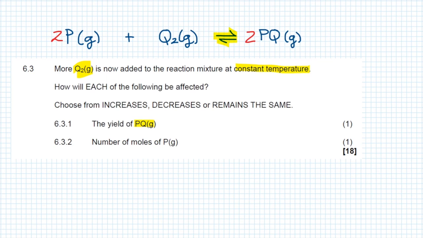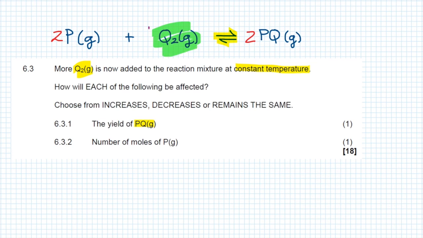So we're going to be making use of Le Chatelier's principle, which says that when a disturbance is imposed on a system, the system will act to reinstate equilibrium by favoring the reaction that opposes the disturbance. So what is the disturbance? We have added more Q2. So what will the system aim to do?